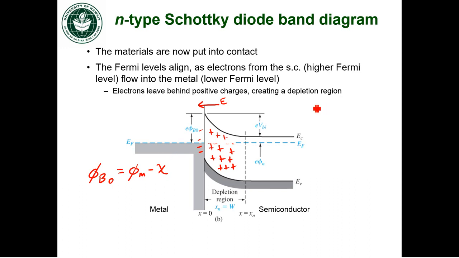We have another barrier that would prevent electrons in the semiconductor from moving to the metal side. So that's this barrier here, this built-in potential barrier, just as in a p-n junction, but now that built-in potential barrier will have a different equation to figure out what that is.